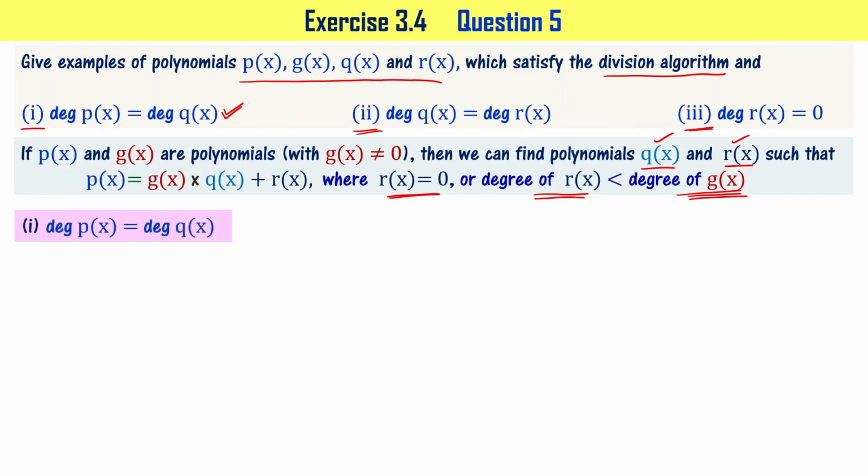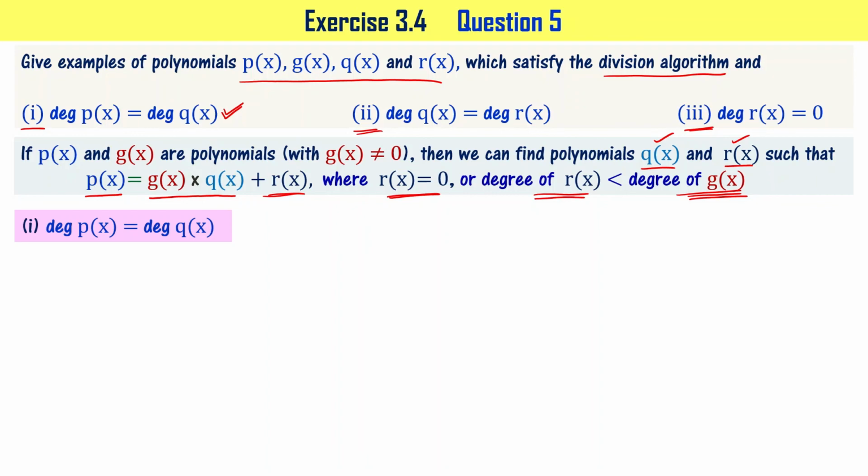If you observe this, p of x equal to g of x times q of x plus r of x, right? So degree of p of x is going to be equal to degree of g of x plus degree of q of x. You go and check any of the problems we have solved till now. The degree of p of x is equal to degree of g of x plus degree of q of x, right?